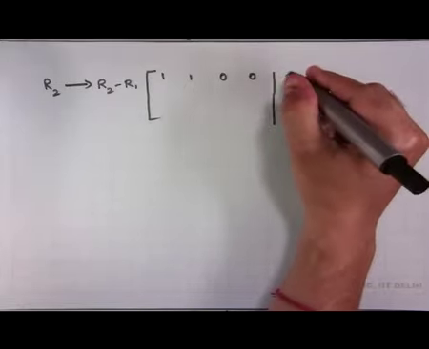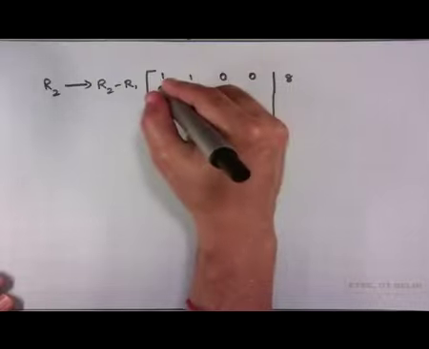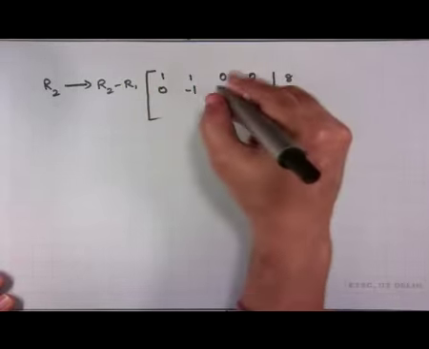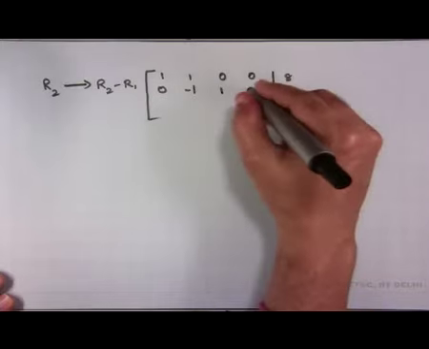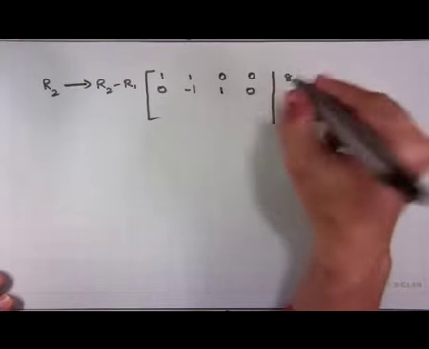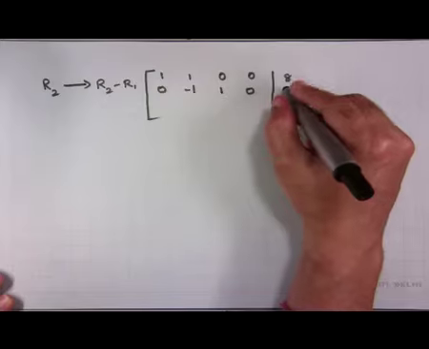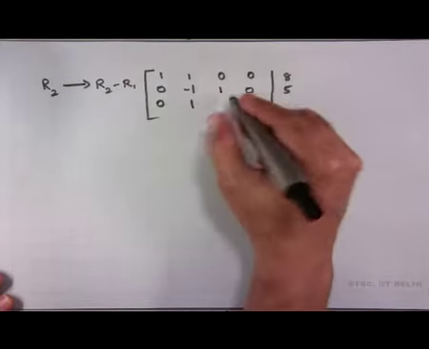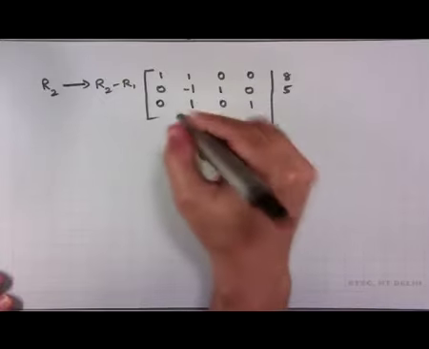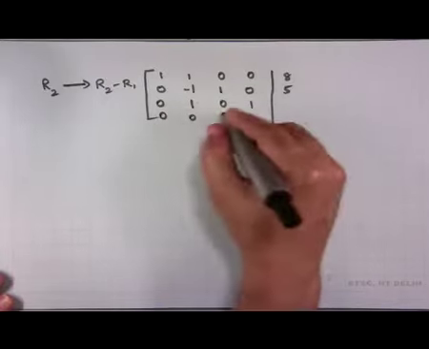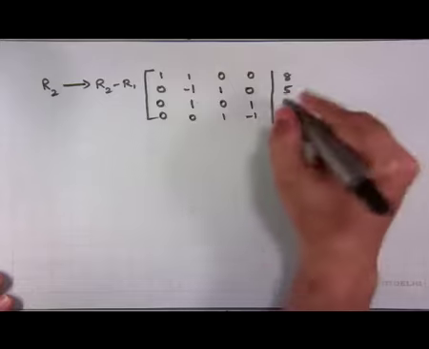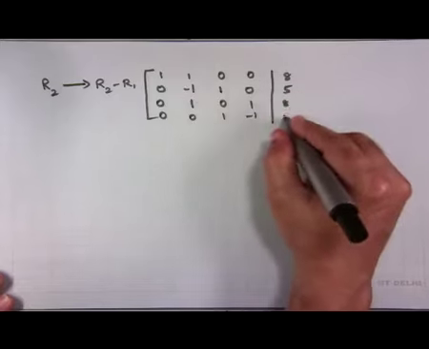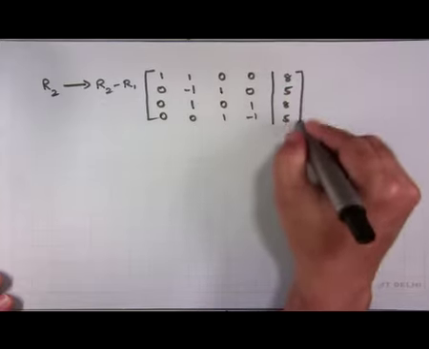Second row, R 2 minus R 1: 1 minus 1 which is 0, 0 minus 1 you get minus 1, 1 minus 0 which is 1, 0 minus 0 which is 0, 13 minus 8 which is 5. Other rows remain unchanged, 0 1 0 1, 0 0 1 minus 1, 8 and 5.